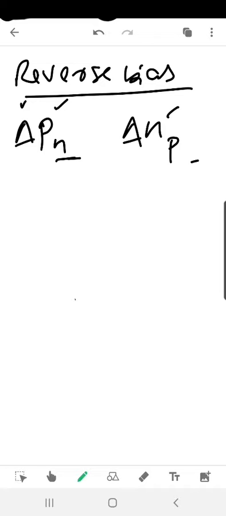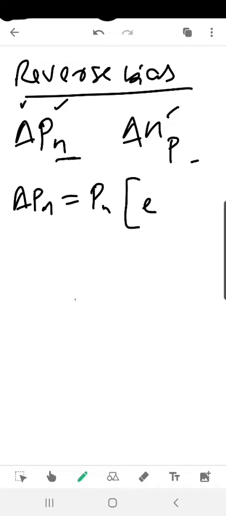This change in concentration is given as delta Pn equals Pn multiplied by e raised to the power qV divided by kT, minus 1.